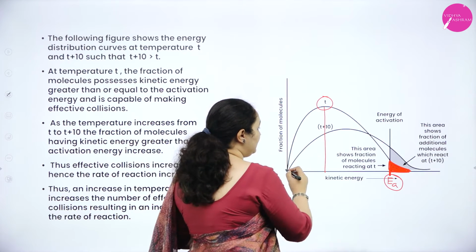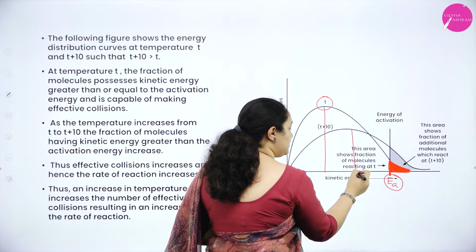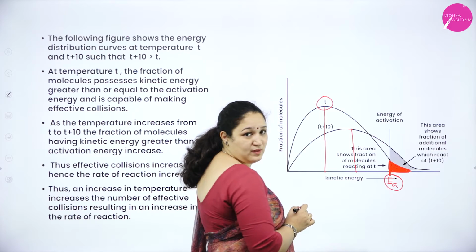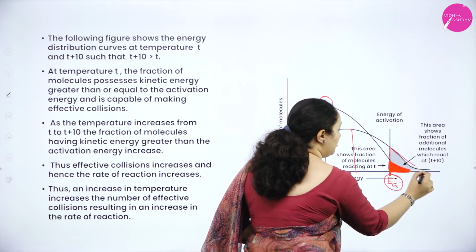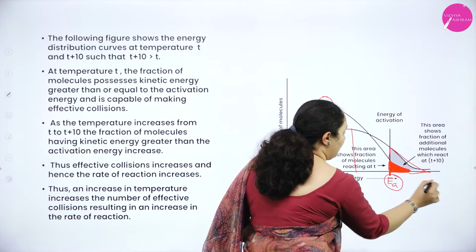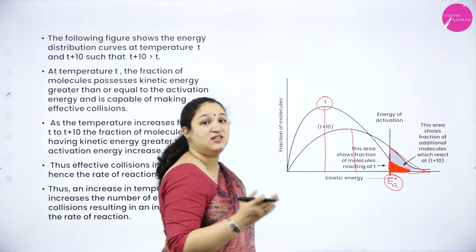So when they plotted the graph again, you can see the most probable kinetic energy changed, the peak of the graph changed. But you can see the number of molecules after activation energy, the number of molecules having activation energy, doubled.